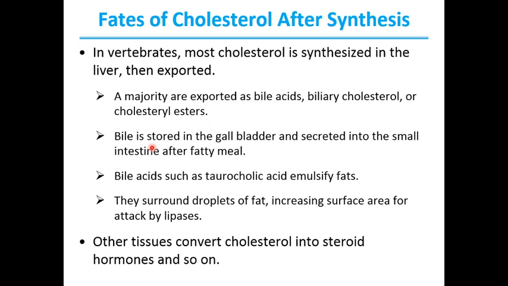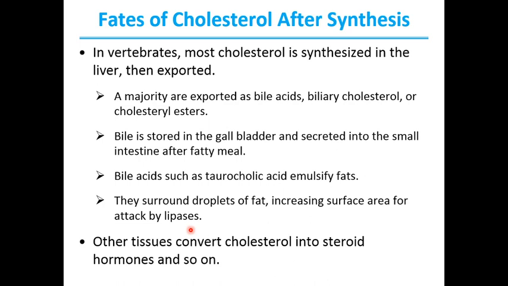Bile acids such as taurocholic acid serve as emulsifiers in the intestine, converting large particles of fats into tiny micelles and thereby greatly increasing the surface on which digestive lipases can act. Bile also contains a much smaller amount of cholesterol, or biliary cholesterol.